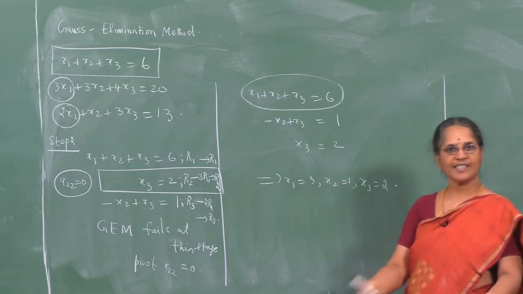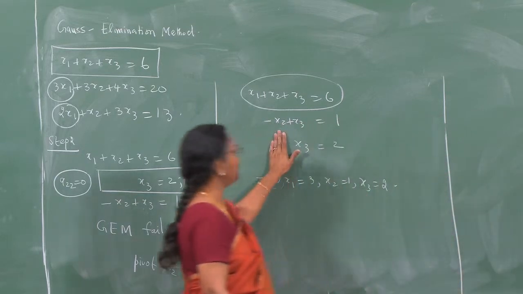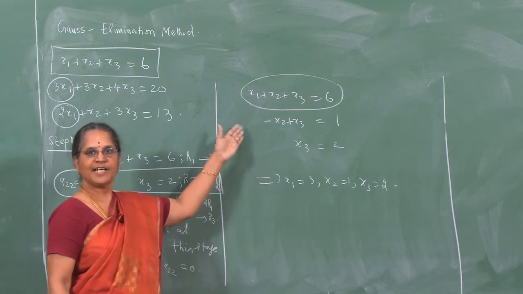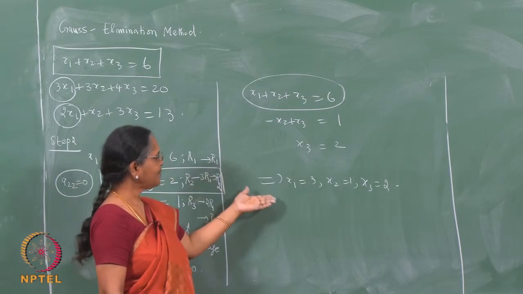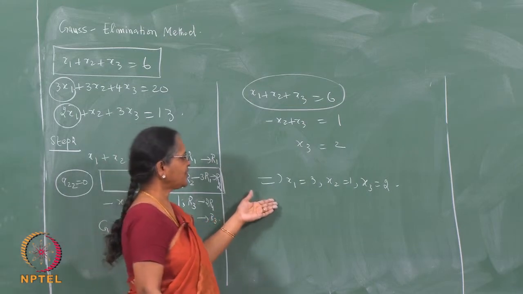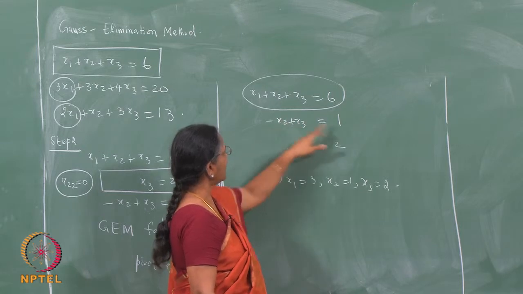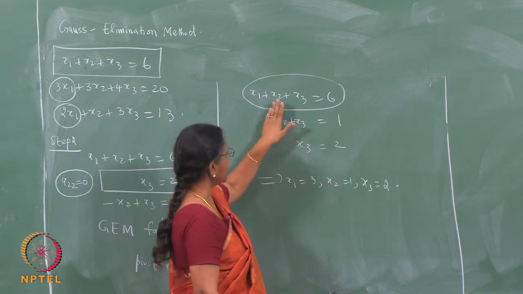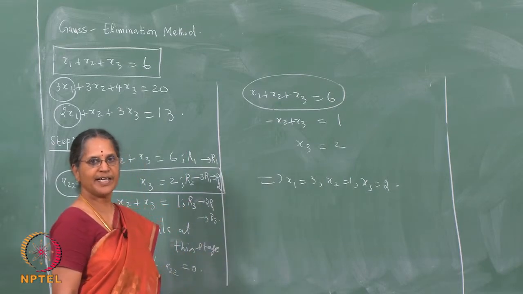Now, I look at the system. I observe that the system has its coefficient matrix to be an upper triangular matrix. And so, I can solve the system by the backward substitution procedure. So, I get x3 as 2, and so from here x2 as 1, and from this equation x1 equal to 3. So, the solution of the system has been obtained.